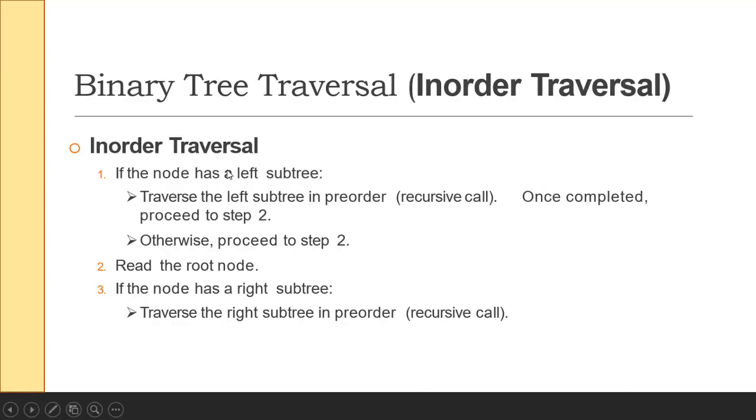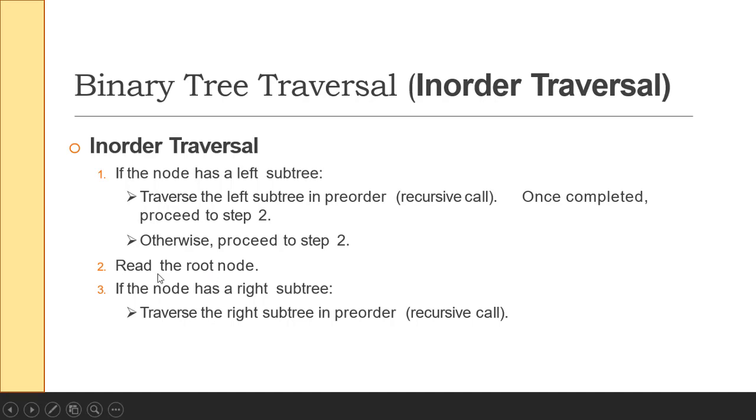On the in order traversal, if the node has a left subtree, you have to traverse from the left in in-order, a recursive call. Once completed, proceed to step 2. Otherwise, proceed to step 2. Meaning, when you encounter a left subtree, you proceed first to the left subtree.